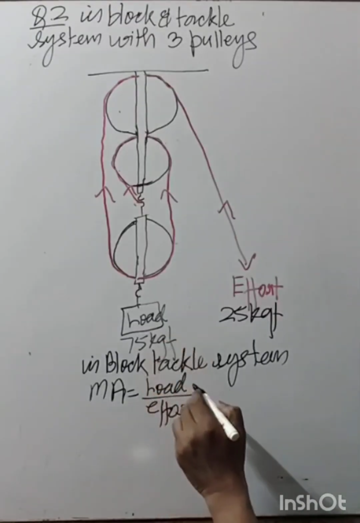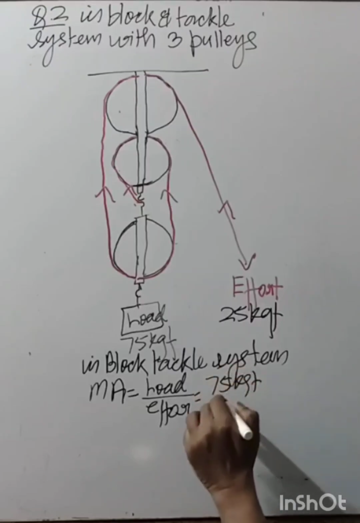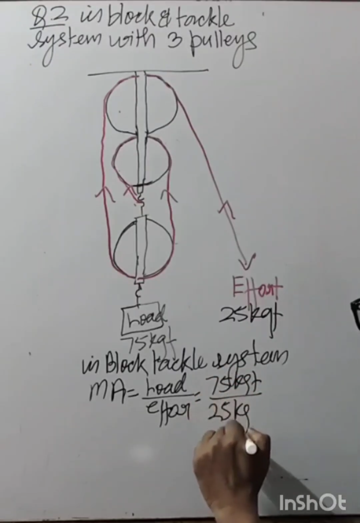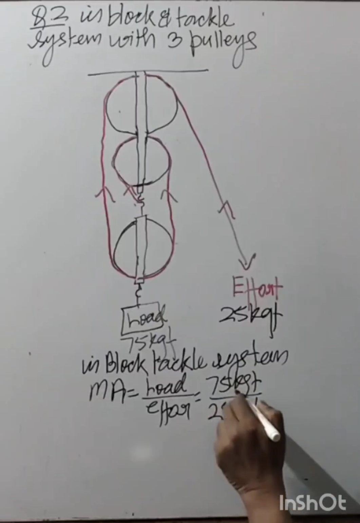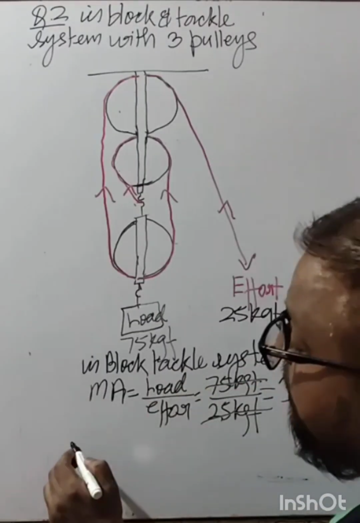So it becomes 75 kgf upon 25 kgf. It becomes 3. Mechanical advantage is 3.